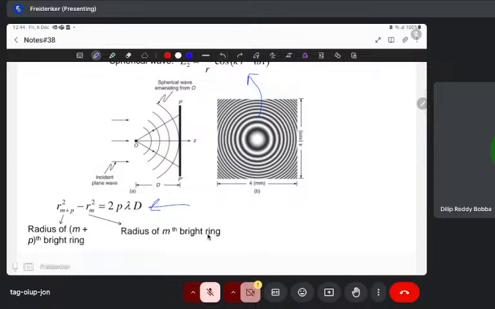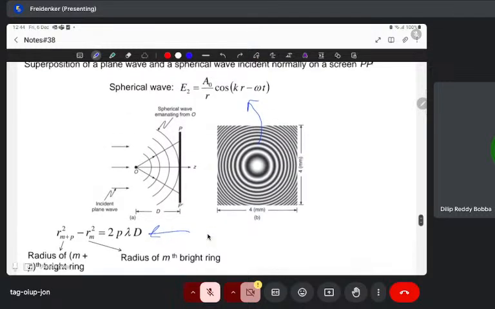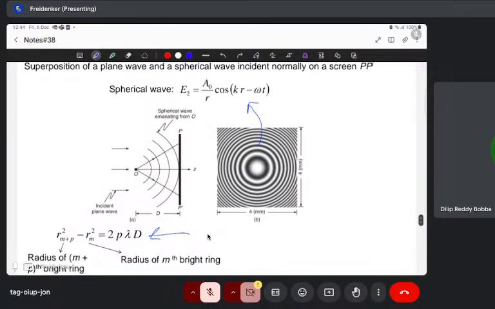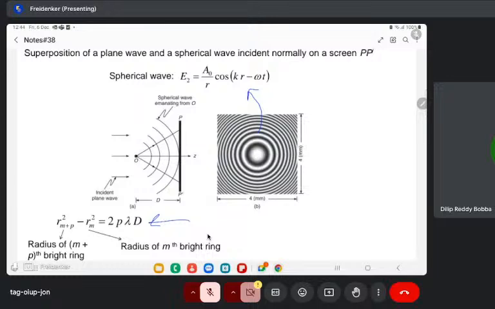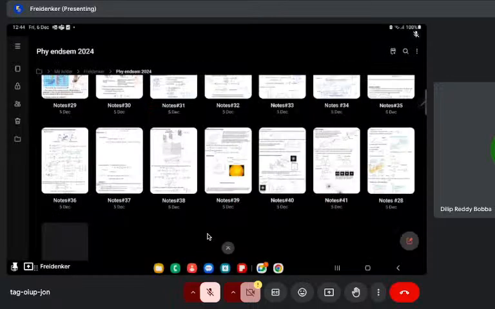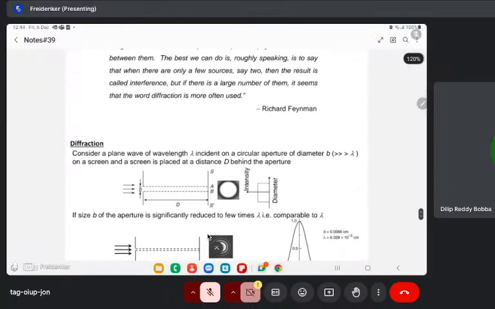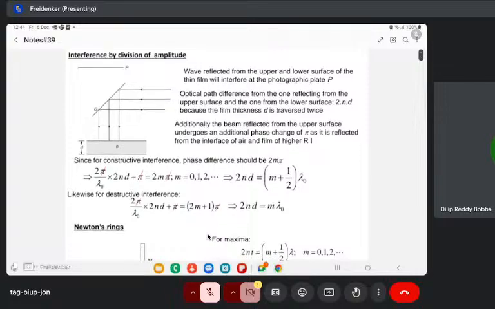That is D. Let's see if there's more on this. The next. Okay, there is Newton's ring.